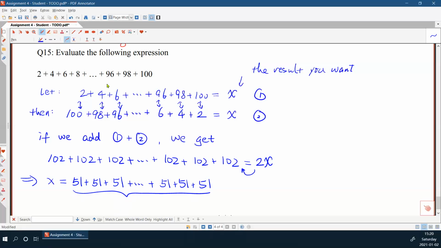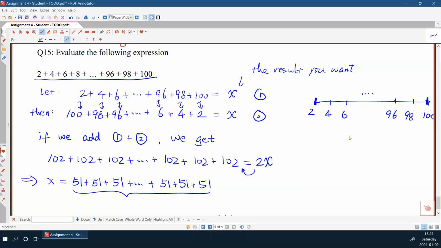How many 51s are there depends on how many terms in the original expression, right? Okay. For the original expression, it starts with a 2, 4, 6, etc. And the last term is 100. Second to last is 98. You can count the total number of terms here.